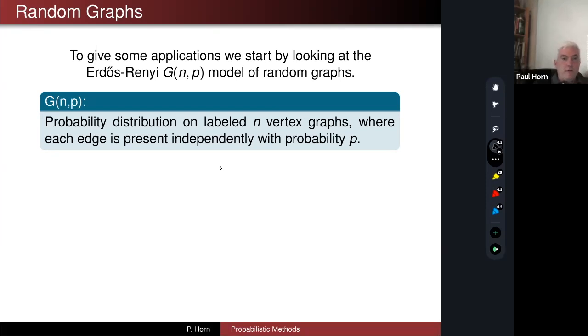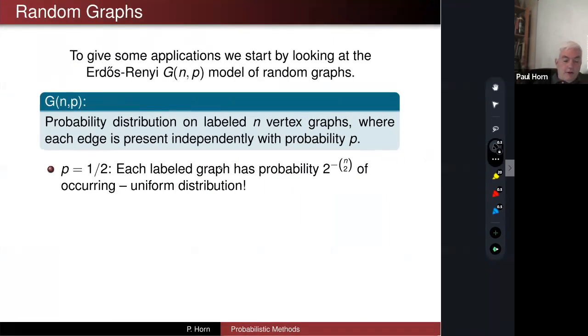So this is a random graph model where I generate a labeled graph on n vertices by flipping a coin for each edge, and taking the edge with probability p. So if p equals 1/2, then actually what I have is a uniform distribution on graphs.